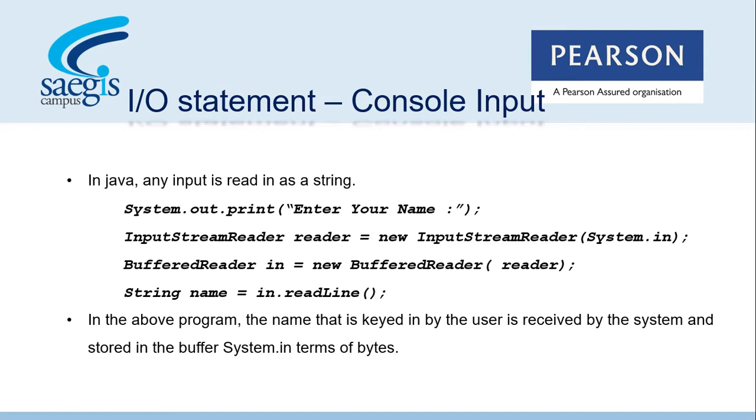When Java gets the input from the user, it stores this data in a memory place called a buffer. So at first, when the user inputs something, it is stored in the System.in buffer as bytes.